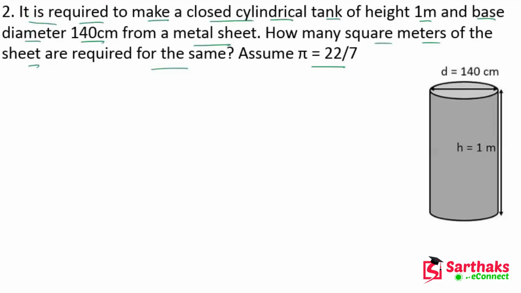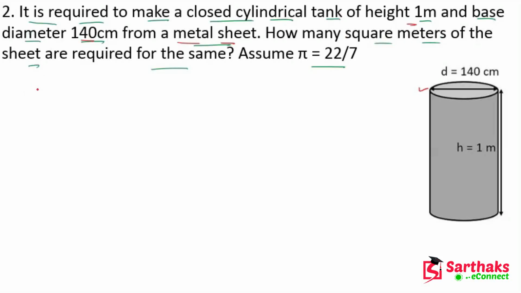So now we have to make a closed cylindrical tank from a metal sheet of height 1 meter and base diameter 140 centimeter, like this. Here you can see. Now we have to find the area. We have to find how many square meters of the sheet are required for the same.